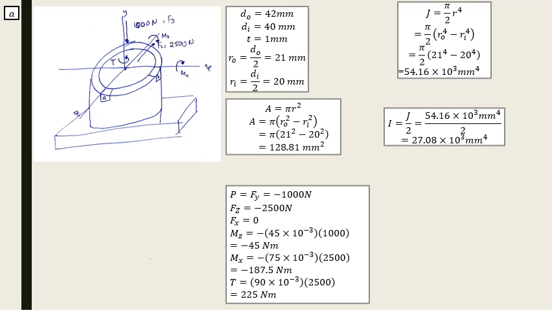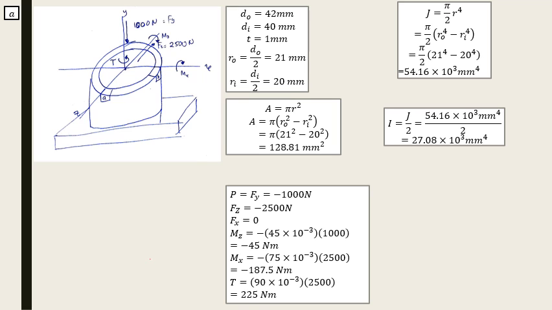As usual, the first thing that we can do from the question is drawing the free body diagram. What will the free body diagram look like? Well, from the question we know that Fy is 1000 Newton and Fz is 2500 Newton.